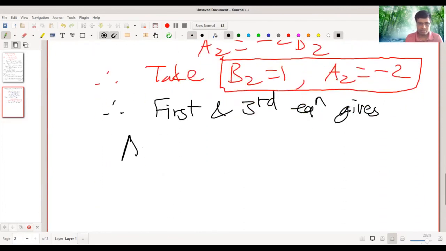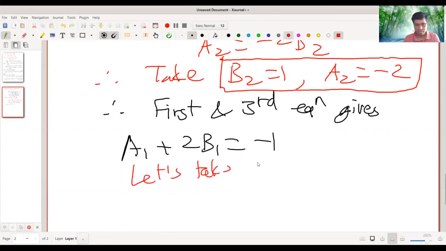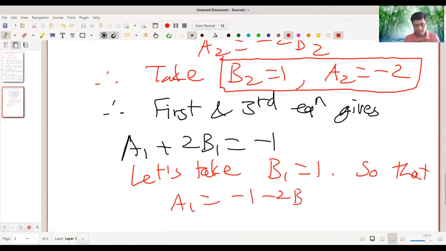And again we take any value for a1 and b1. Let us take b1 equal to 1, so that a1 equal to minus 1 minus 2b1, that is minus 1 minus 2, so minus 3. Okay, so we obtain all these constants.